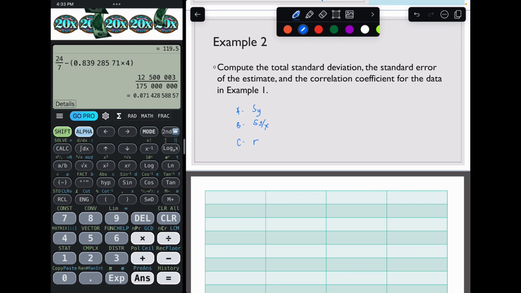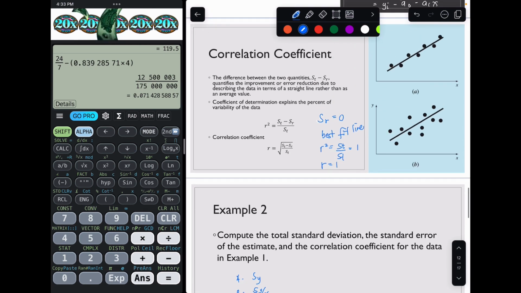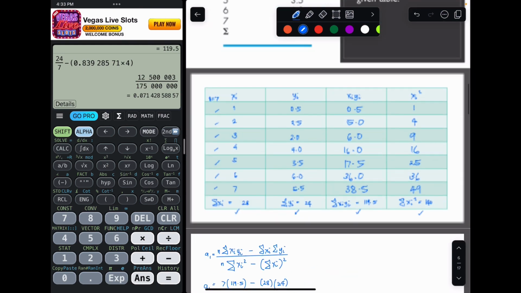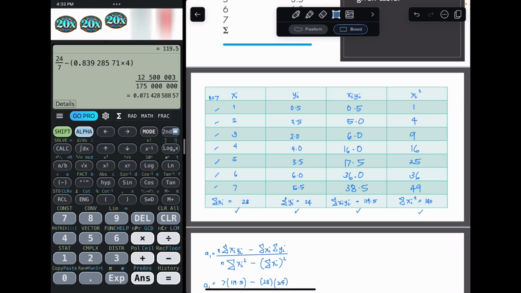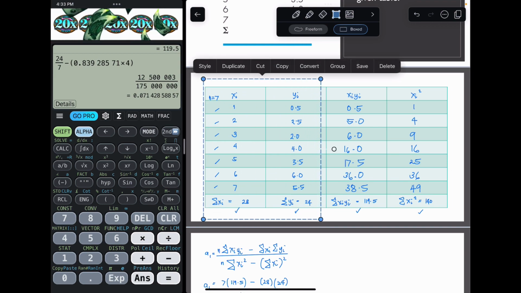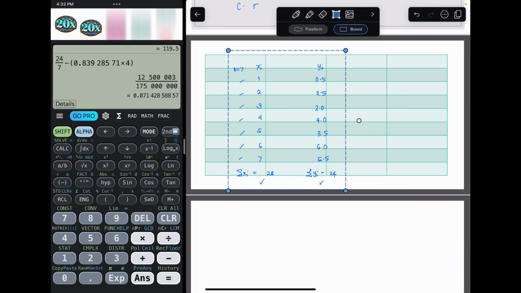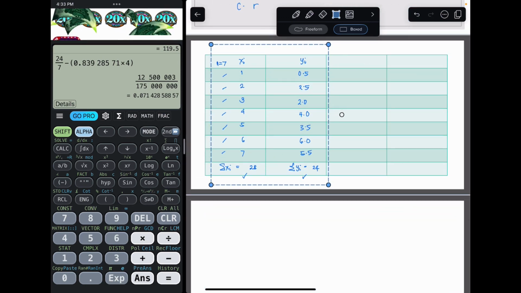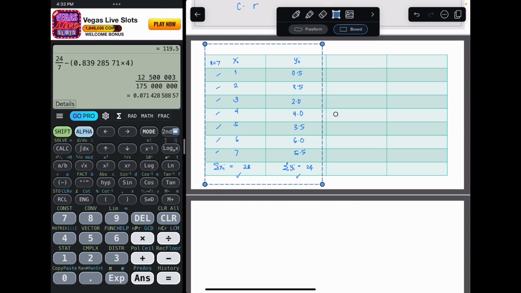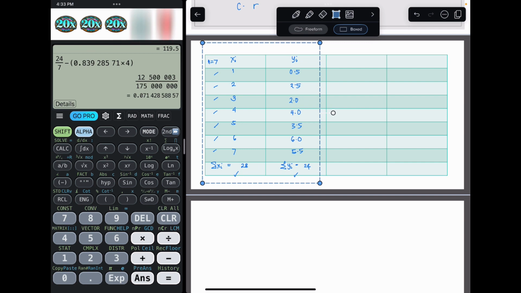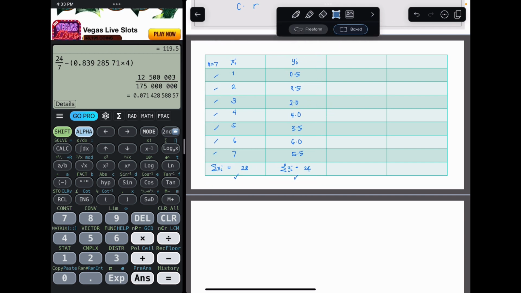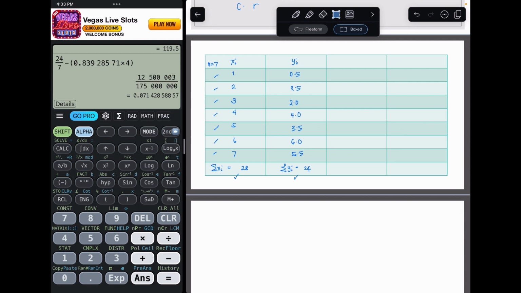So for us to find the standard deviation, we need to compute first. I'm going to copy the same data. Okay, so we need to get the residuals.